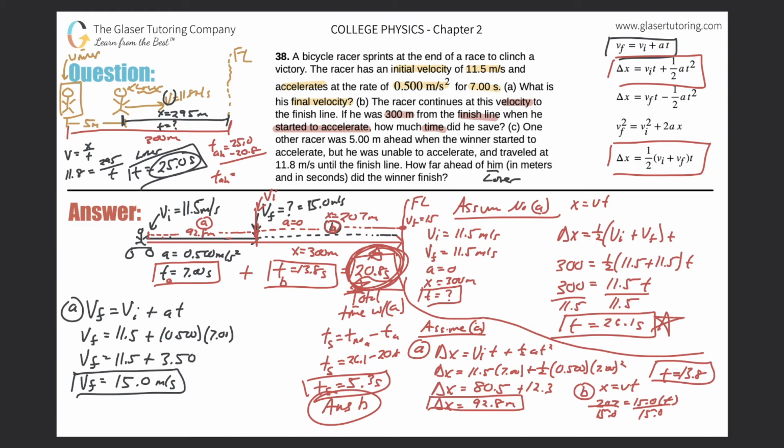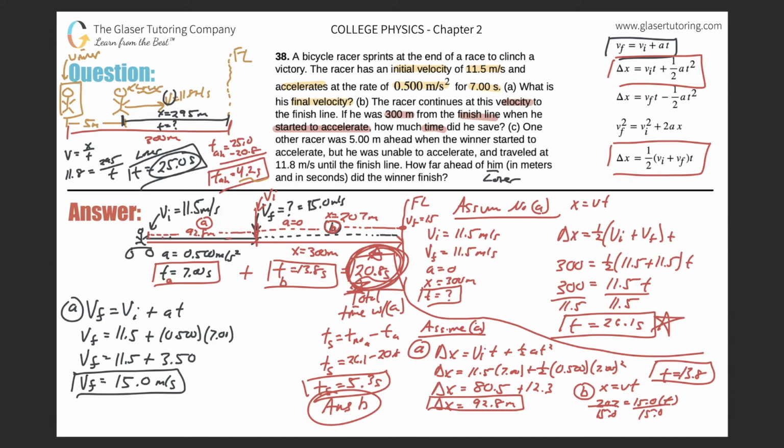Okay, so 4.2. So he finished 4.2 seconds ahead of the loser, right? So now we know that the loser will have to travel an additional 4.2 seconds after the winner crosses the finish line.